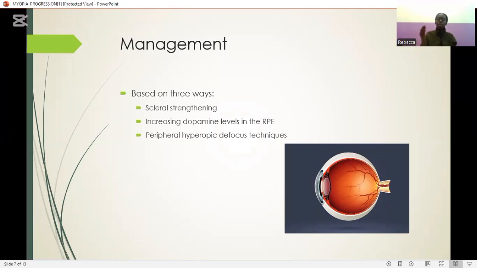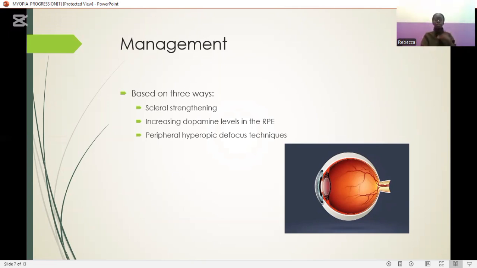And then we have peripheral hyperopic defocus techniques. We saw the hyperopic defocus that's happening in the periphery. So what this is saying is that we are going to have to reduce the hyperopic defocus that we have on the periphery. And when we have hyperopic defocus on the periphery, what we are going to do is counter what is happening there.